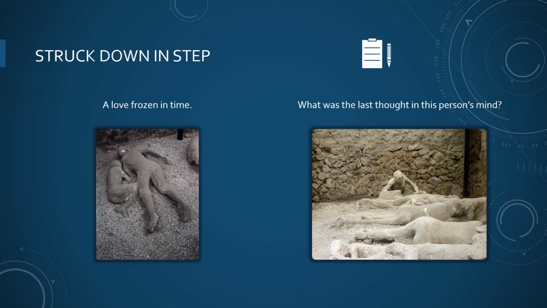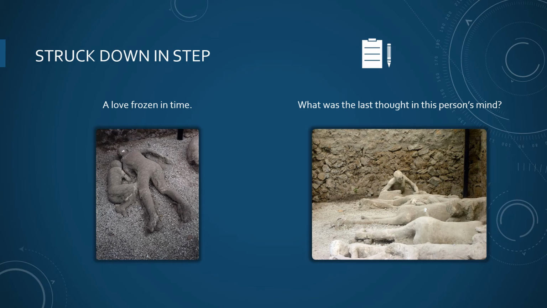I want you to look at this picture over here on the left. Looks like maybe a parent and a child. Frozen there. What was the last thought in this person's mind? Maybe he saw the people there laying down, taking cover and shelter.